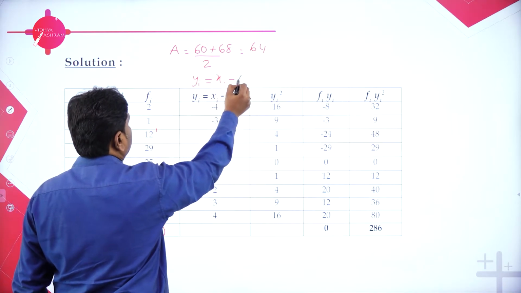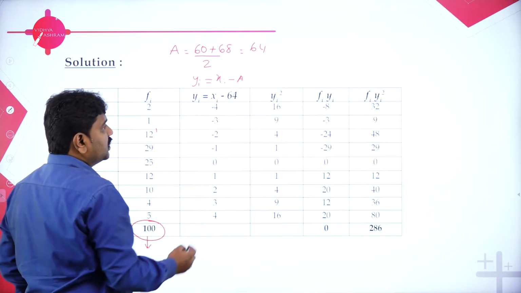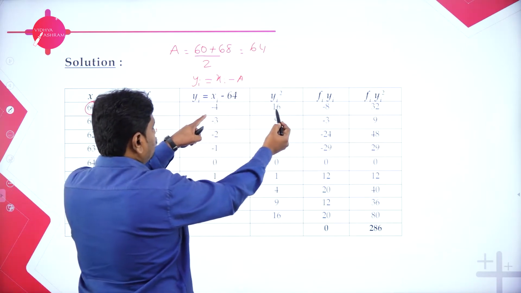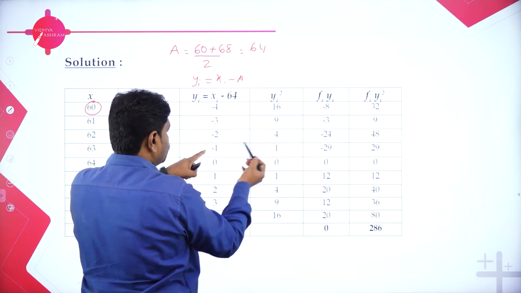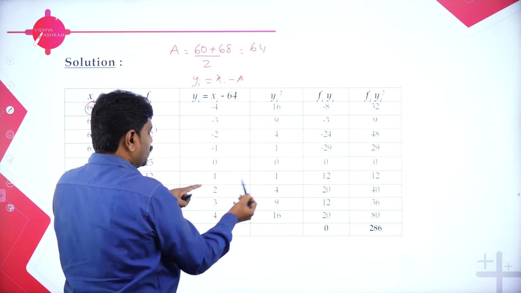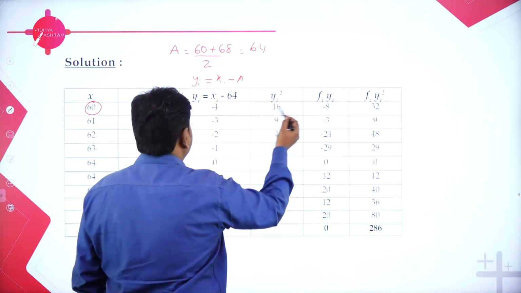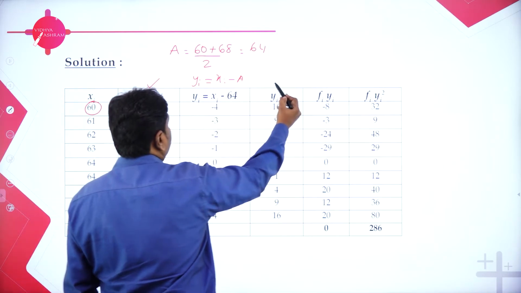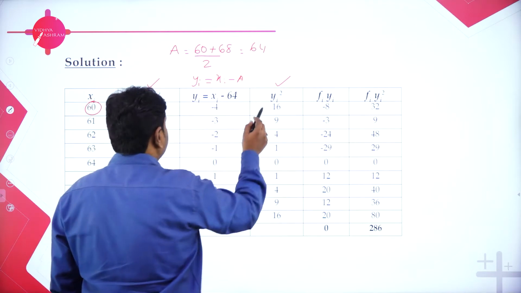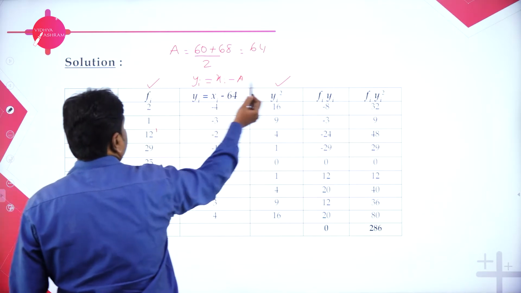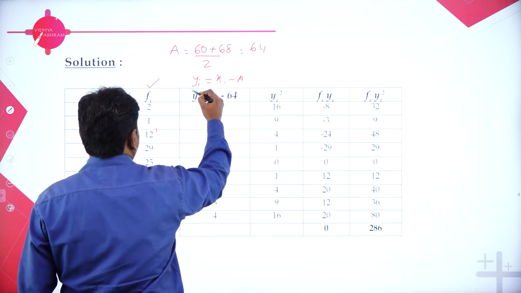So yi value is xi minus assumed mean. That is 60 minus 64, 61 minus 64, fill this column. Then yi square: when you square this, minus 4 becomes 16, minus 3 square is 9, minus 2 square is 4, minus 1 square is 1, 0 square is 0, 1 square is 1, 2 square 4, 3 square 9. Now fi yi means to multiply fi with yi.